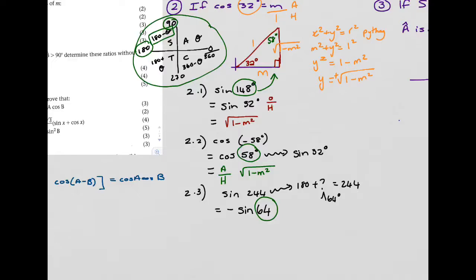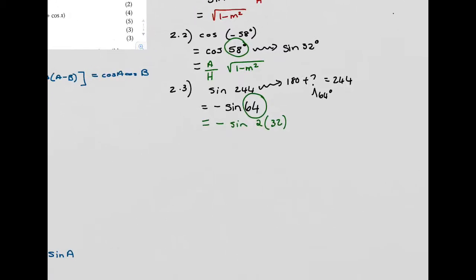But if you think now, where's the metric work in all of this? 64 is double 32. So we can rewrite 64 as 2 times 32. Now we have our double angle formulas, and that means I'm going to bank that negative there. This sine 2 times 32 becomes 2 sine 32 cos 32.